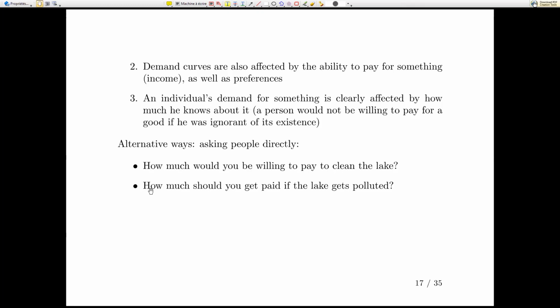Or if the lake is clean, but a factory wants to move near the lake and dump waste in it, then similarly, you may ask residents around the lake, your lake is clean. Would you be willing to be paid so that the lake gets polluted?